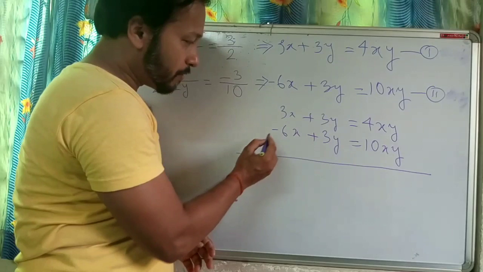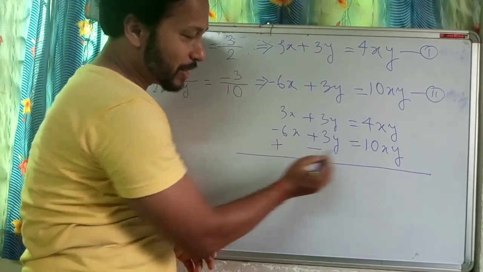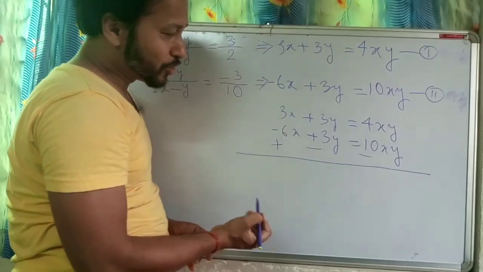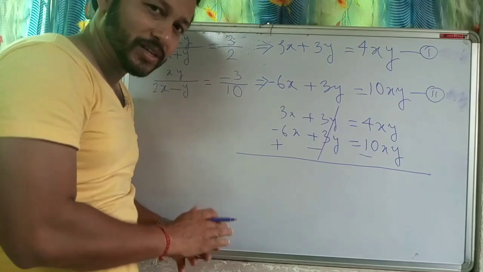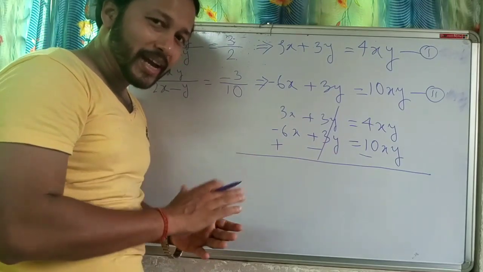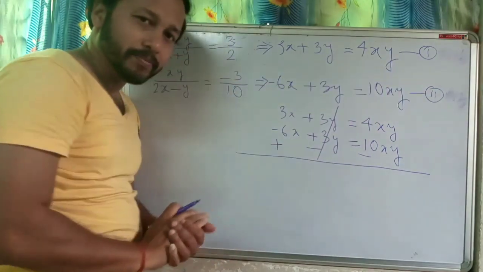First of all, change the sign. Minus will be plus, this plus will be minus, this plus will be minus. So easily plus 3y minus 3y can be cancelled out. Understood? That's why I said if these two portions are equal, no need to multiply them.